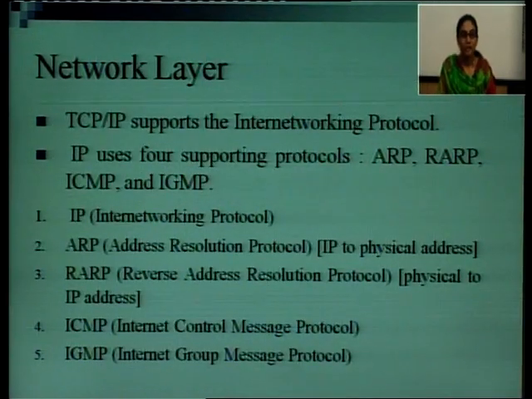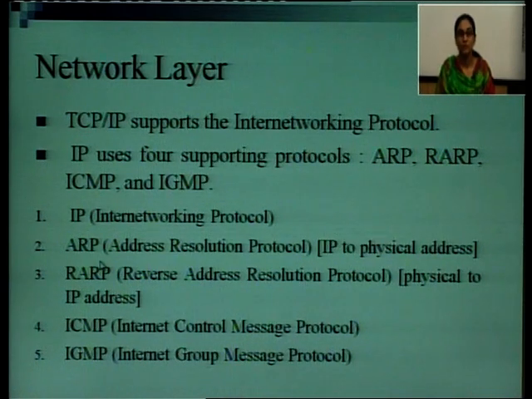Next layer is the network layer. In the network layer, the main protocol which is used to route the packets from source to the destination is IP. So, IP is basically used for internetworking. IP uses four supporting protocols, that is ARP, RARP, ICMP and IGMP. The full forms of these protocols: IP is the Internetworking Protocol, ARP is Address Resolution Protocol.